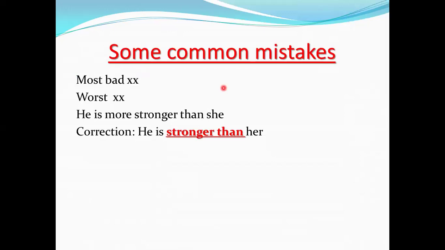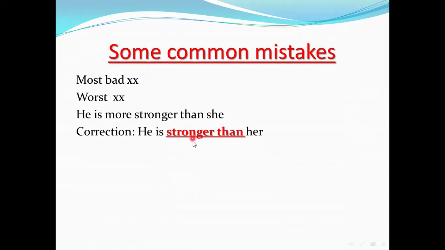There are common mistakes that we must take care of. As we told you, the superlative of bad is the worst. It's wrong to say: he is more stronger than she. It's wrong. He is stronger than her. So I make a comparison between he and her.